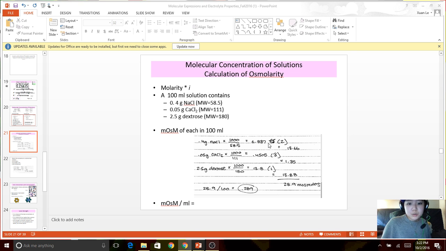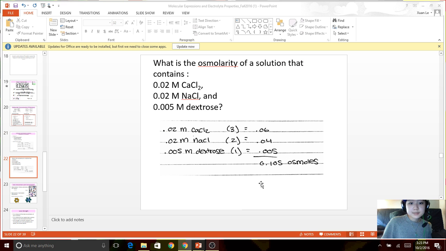Then we multiply that by the number of particles that it contributes, which is 2, and that gives us the milliosmoles in the solution. After we do that for each species, the calcium chloride and then the dextrose, we're going to add up all of those numbers and then divide by the milliliters of solution, which is 100, and that's going to give us 0.289.